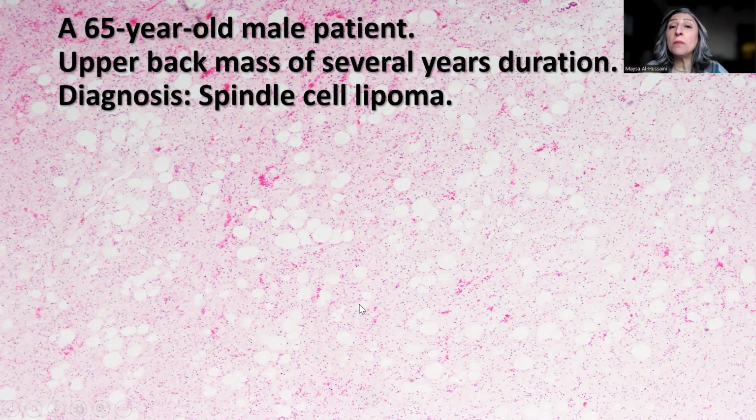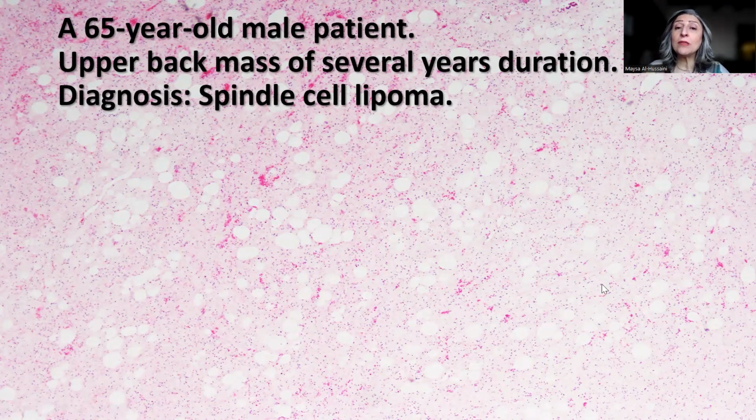Remember that the 4 typical components of spindle cell lipoma are a lipomatous component. Sometimes even we can see some lipoblasts. This does not rule out the diagnosis of spindle cell lipoma. In addition, we see the spindle cells, sometimes stellate cells as well, the ropy collagen, which can be refractile, as well as the mast cells.